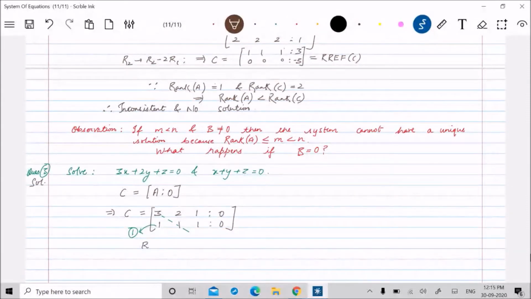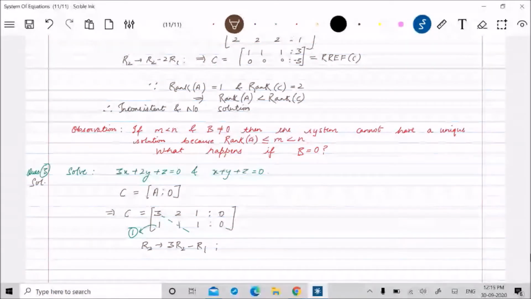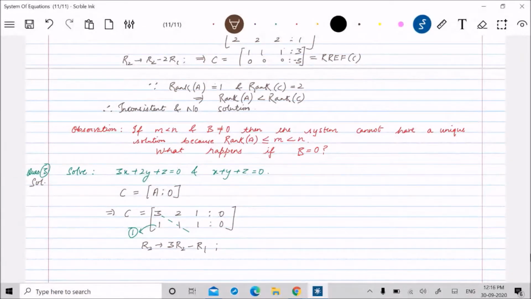And the simplest row operation is R2 implies thrice of R2 minus R1. So this is an elementary row operation, though this operation is invalid when you are going to find the determinant of a matrix, but this operation becomes valid in the cases when you are dealing with a system of equations, because of the presence of this equality sign, this invalid operation becomes valid, right?